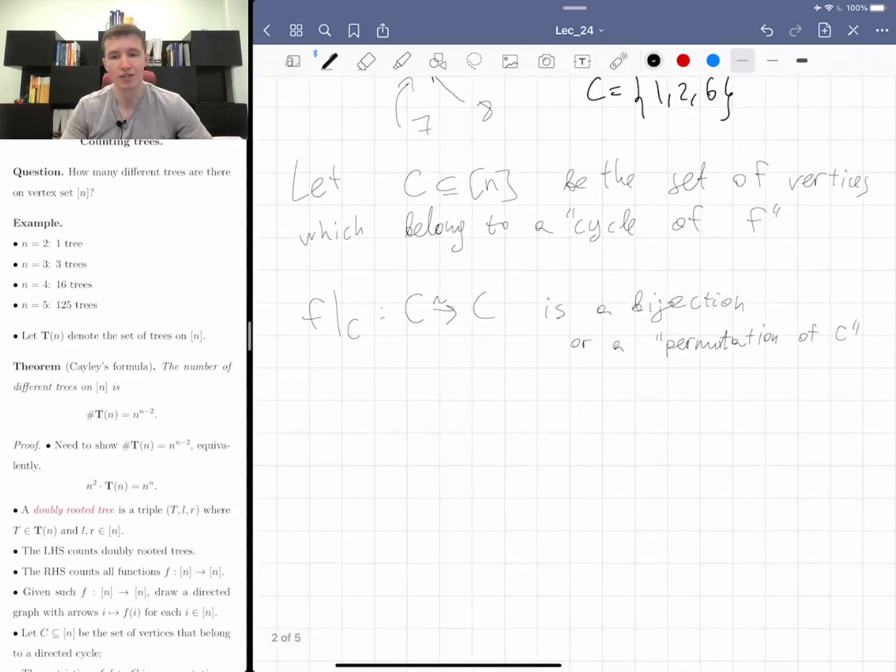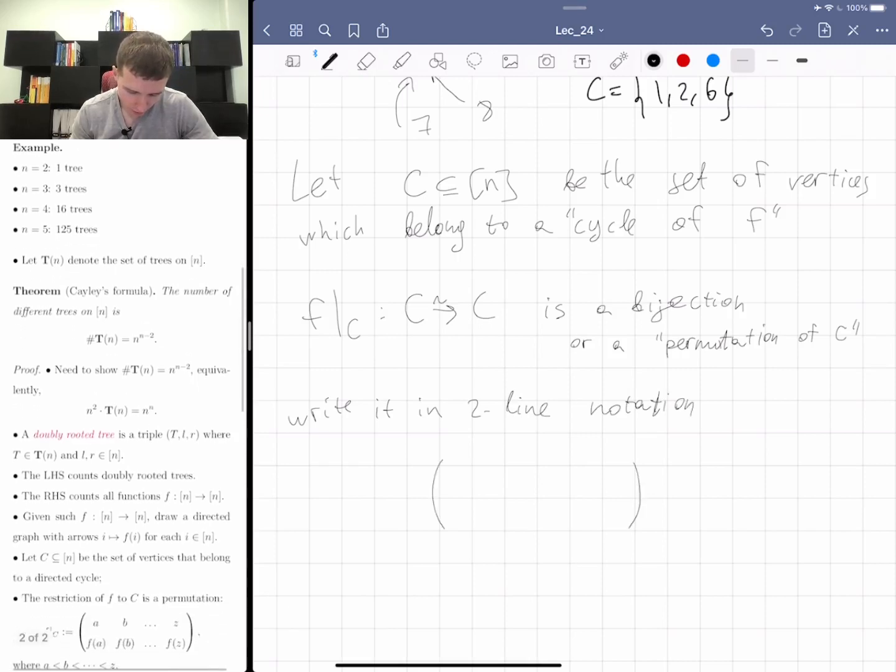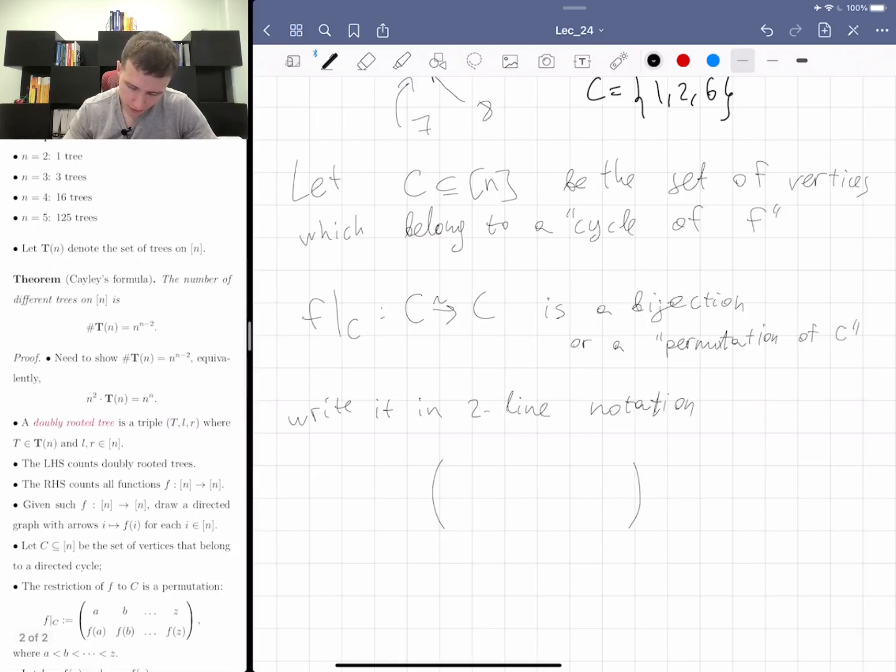So in particular, I can try to write it in two-line notation. What I'm going to do is write the top row, and I'm just going to denote it by A, B, C all the way up to Z. These are elements of C in increasing order.